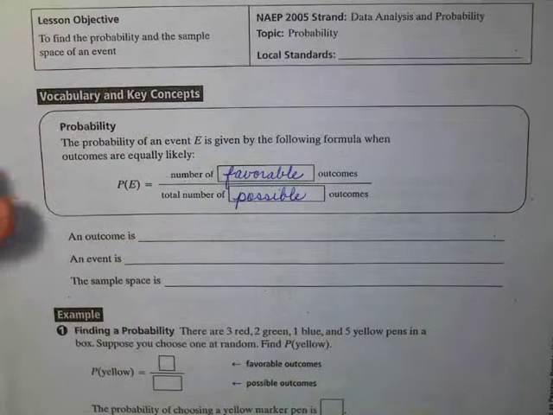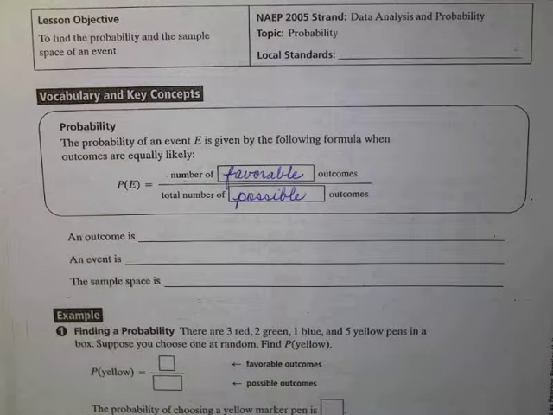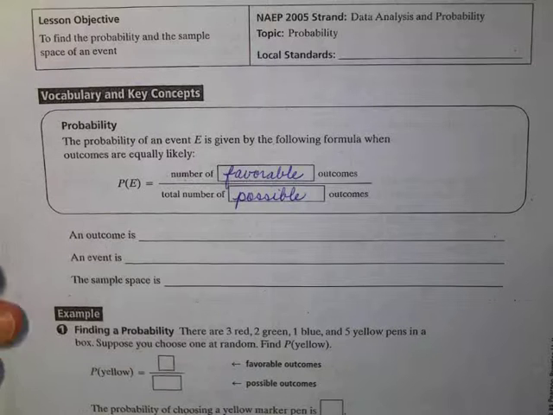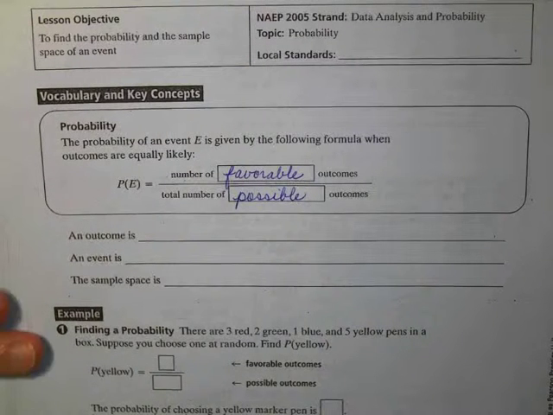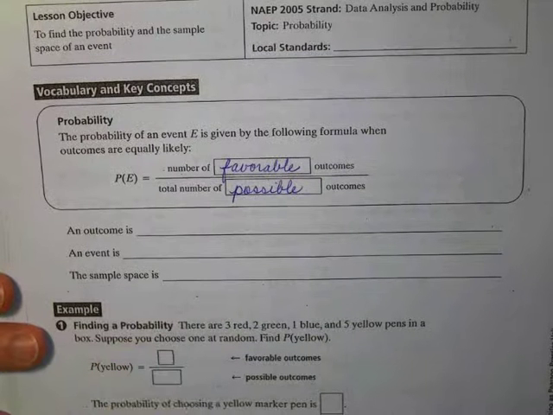Favorable outcomes would be ways that a certain event could happen. Total number of possible outcomes is all the possible things that could happen in a given scenario. Okay, so let's look at a couple more definitions to go with this.